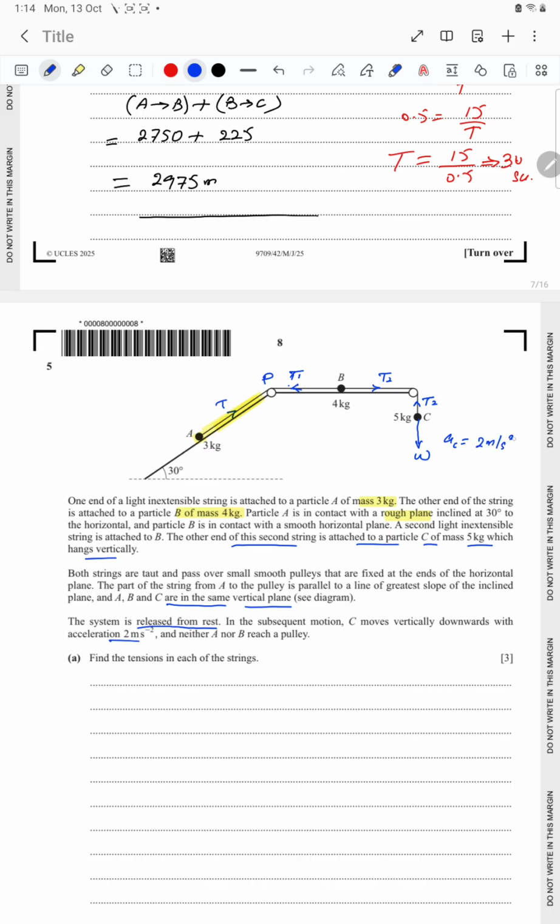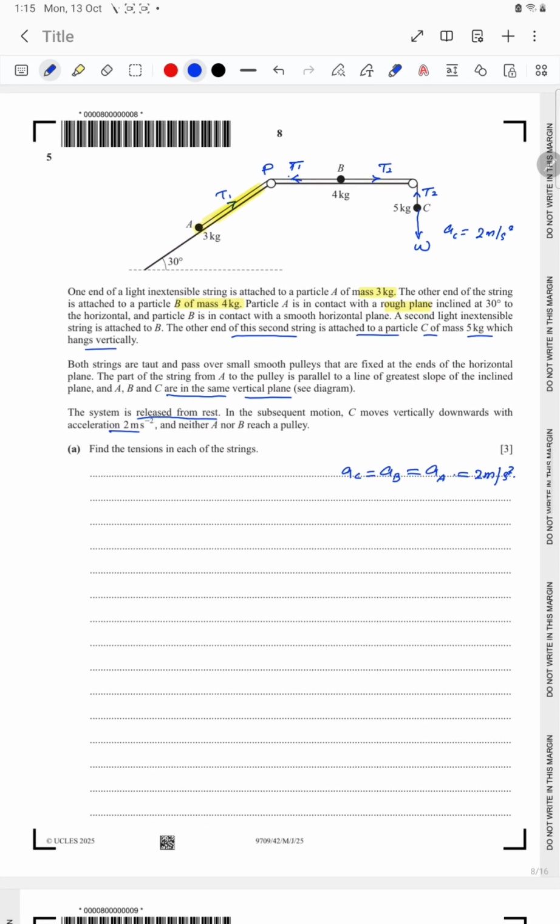As they are attached with the string, the acceleration of C will remain the same as B, and B is attached with the other particle A with another string, so that is the same as A. And that's all, the acceleration of the system is 2 meters per second squared. It will remain the same. I hope this point is clear because they are attached back to back, and we have to find the tensions in the strings. It means T1 and T2 we have to calculate.